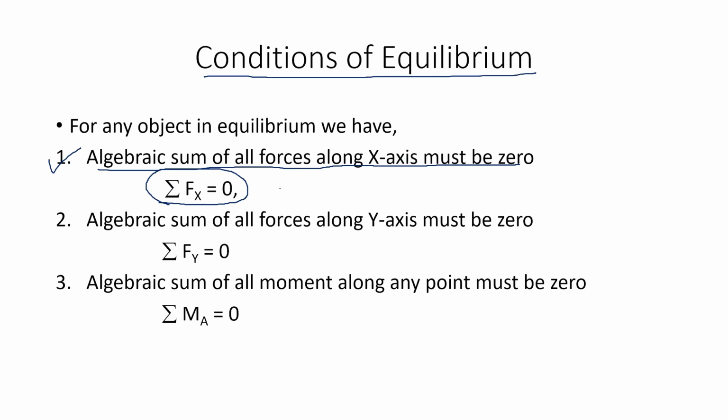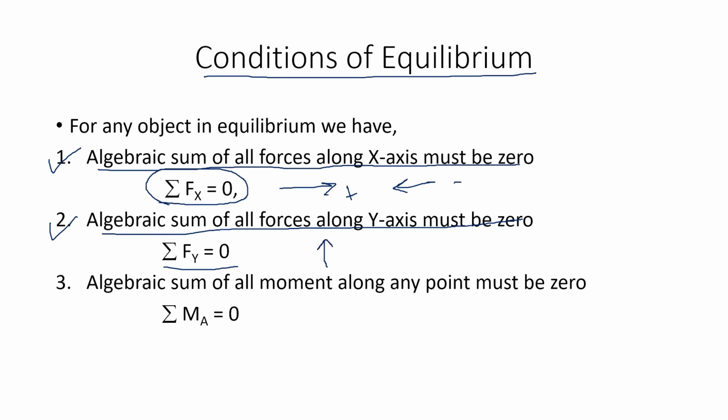For this, right hand side forces will be positive and left hand side forces will be negative. The next condition is that the algebraic sum of all the forces along the y-axis must be 0. In the same way, summation of force in the y direction is equal to 0.